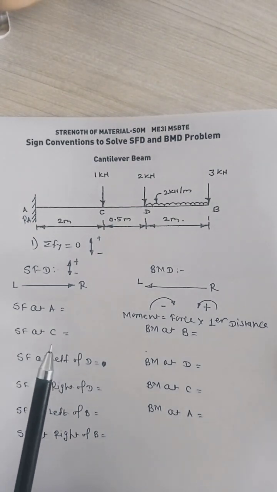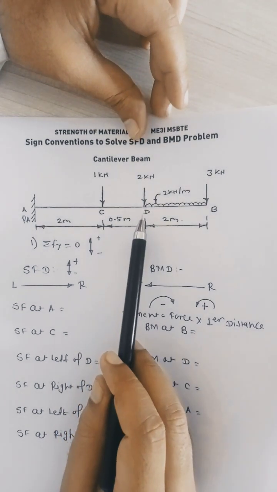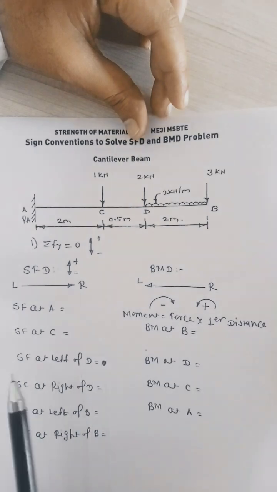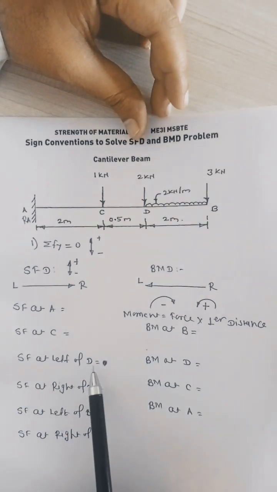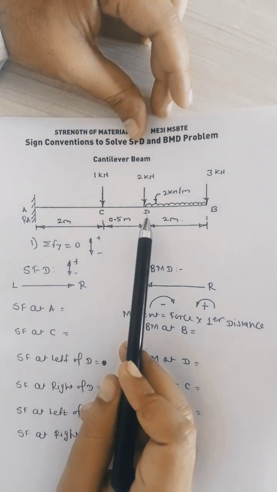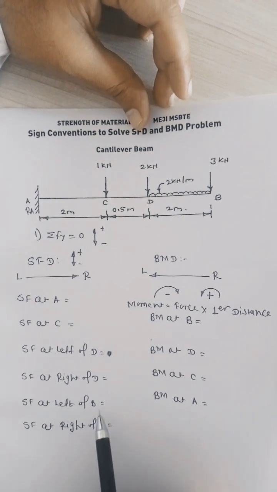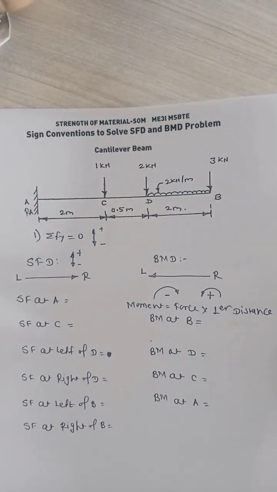The UDL starts at point D and ends at B. Whenever the UDL starts, use the concept of left and right. Suppose the UDL starts at point D: use shear force at the left of D and shear force at the right of D. The UDL ends at B, so shear force at the left of B and shear force at the right of B. The left and right concept will be used only for the UDL portion.